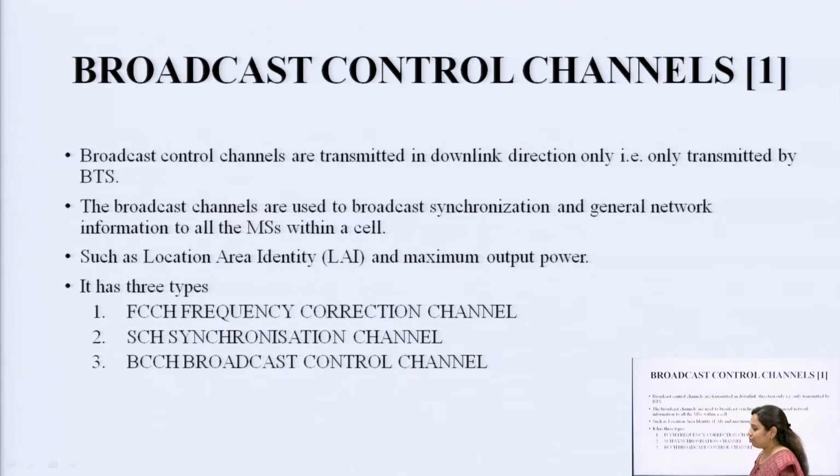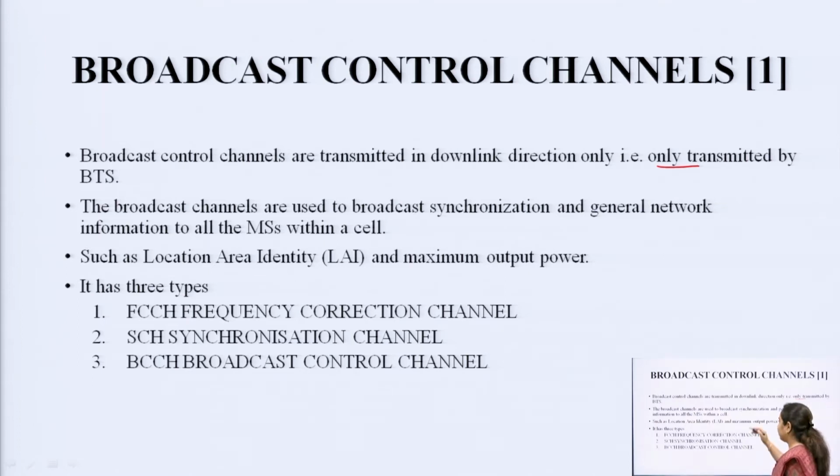Broadcast control channels are transmitted in the downlink direction only, that is, only transmitted by the BTS. So, broadcast is directed in only one direction. That does not come under the full duplex case, but under the simplex case, where the transmission is unidirectional.